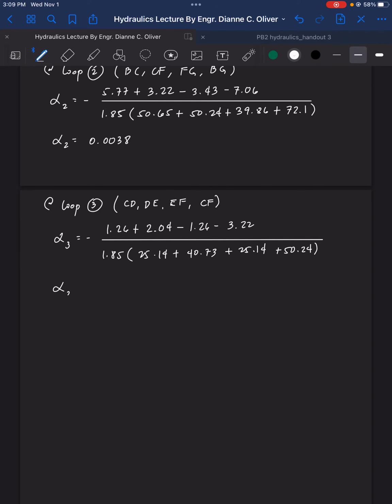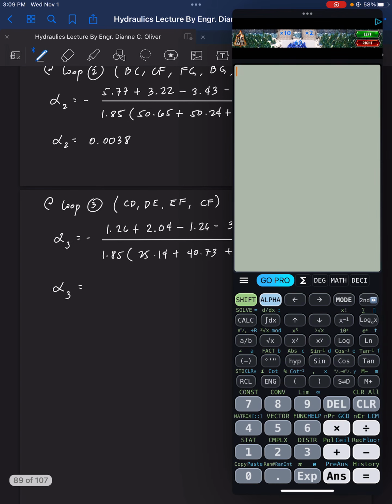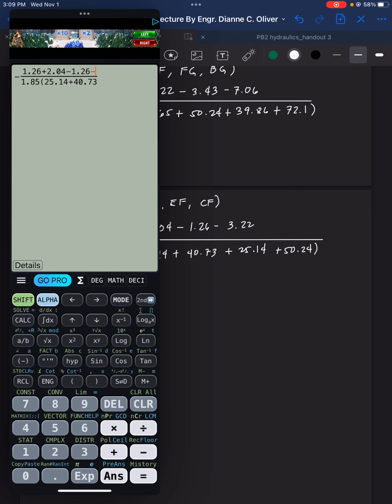So alpha 3 is now equal to, plus 3.22 there, 0.0045.